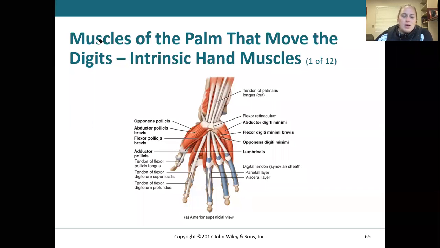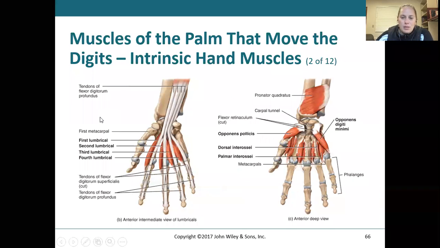Here's our interior deep view. Again, you can see the first lumbrical, second lumbrical, third and fourth, between each one of those digits. And then if we go to the interior deep view, the opponens pollicis, a kind of meaty part of your hand there, and your pronator quadratus, which is located right back here.